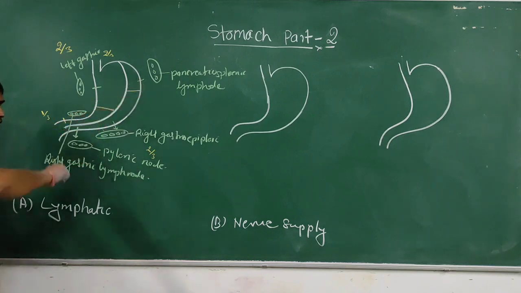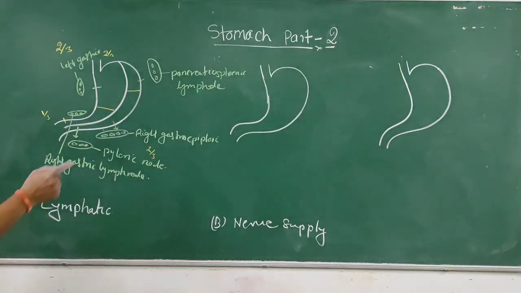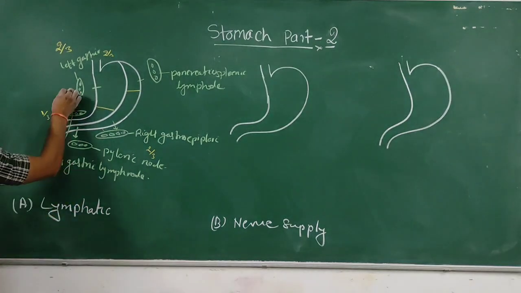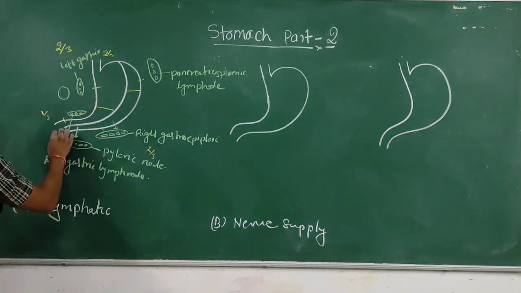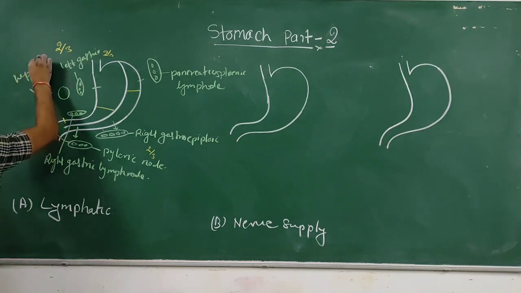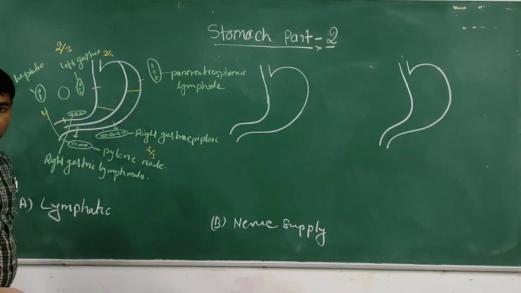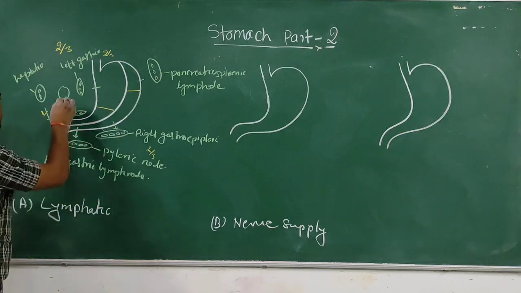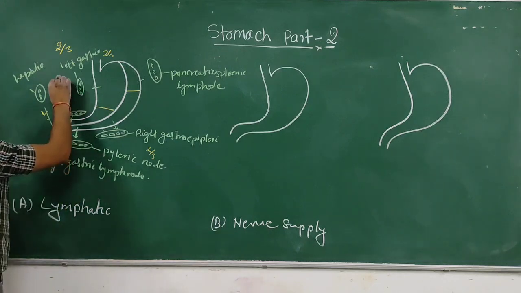The lymphatics from this lymph node are drained to the celiac trunk. So it is the celiac trunk. Here from there is the hepatic lymph node. So directly or indirectly, all lymphatics from all lymph nodes are linked to the celiac lymph node.